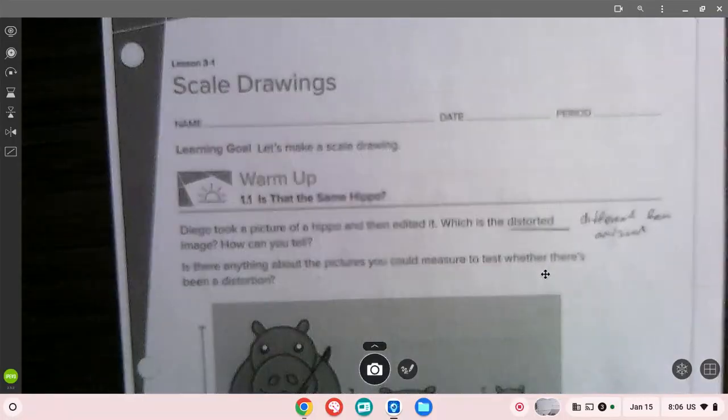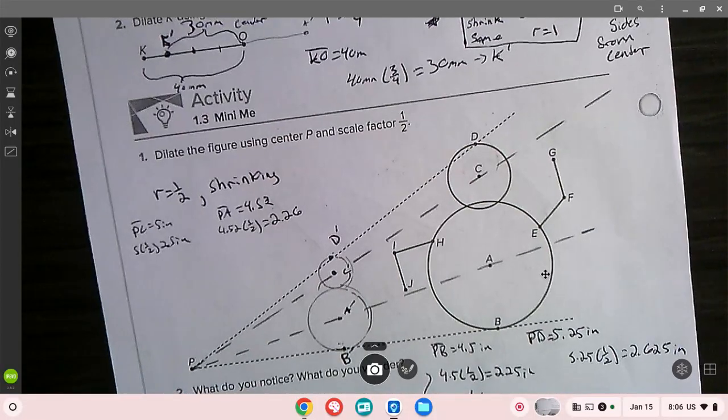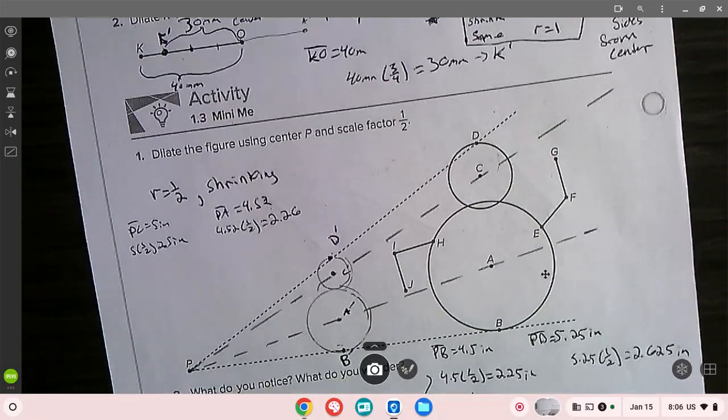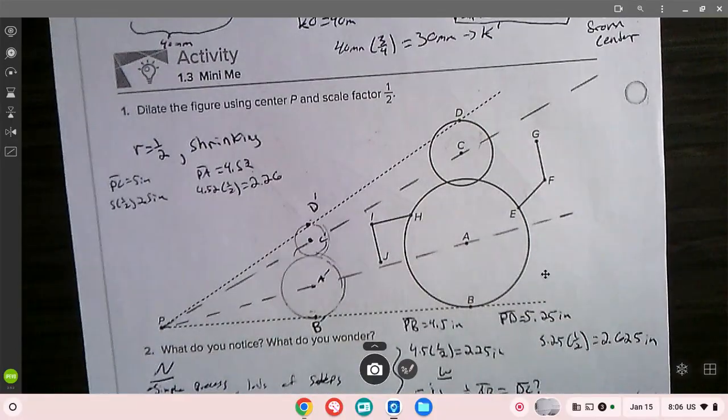When performing the dilation, we're given a scale factor, and we use all these lines to increase or decrease the distance based on the scale factor. For example, we took the snowman body and shrunk it by a scale factor of 1/2.